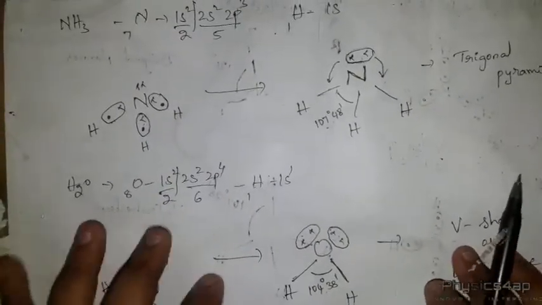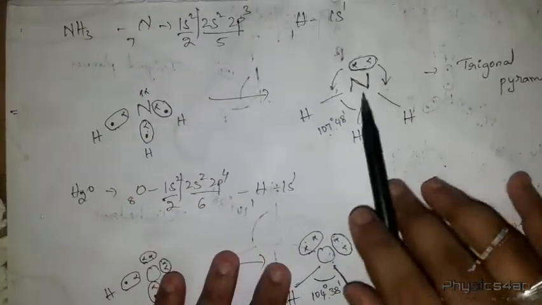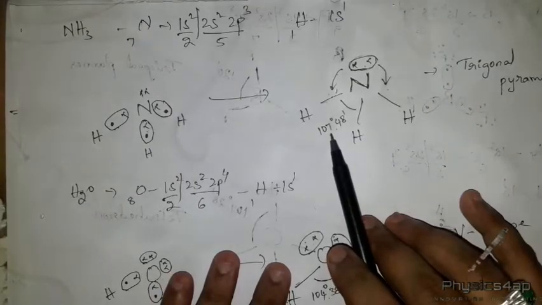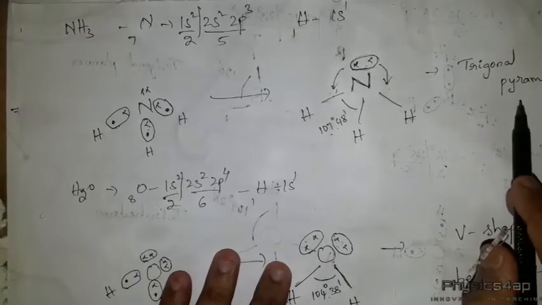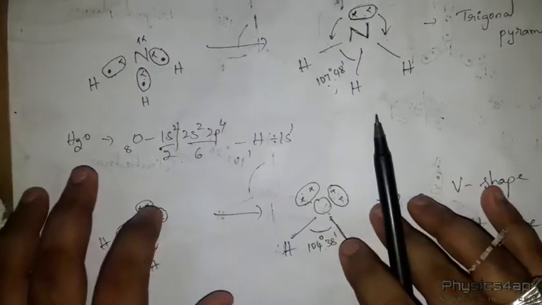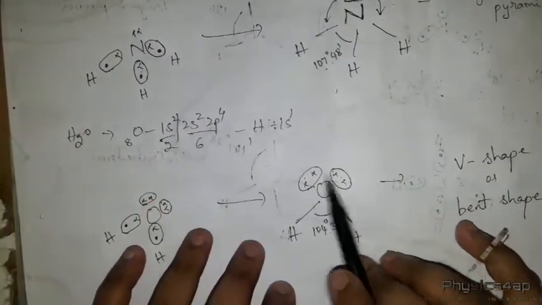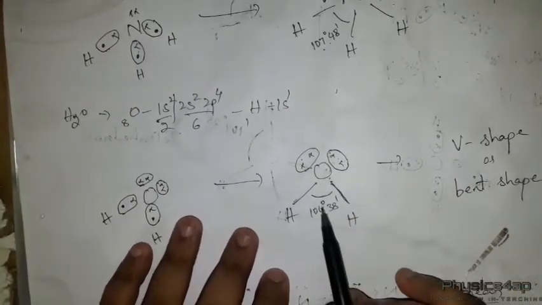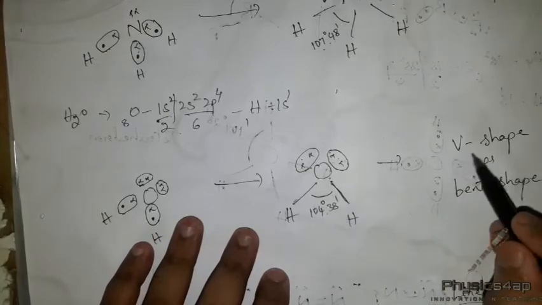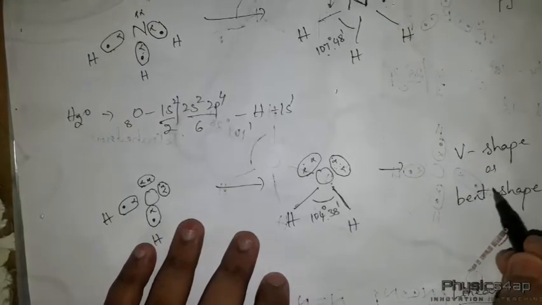Now due to the addition of lone pairs over here, the bond angle decreases, and here we have ammonia, which has a bond angle of 107 degrees 48 minutes, the shape called trigonal pyramidal. And coming to the water molecule, here also we have 2 lone pairs and more repulsion occurs, with a bond angle of 104 degrees 38 minutes, and the shape which we call V shape or bent shape.